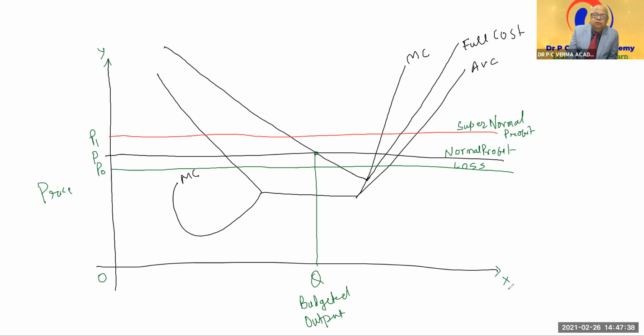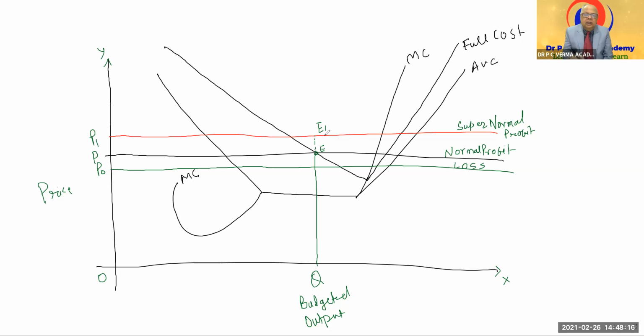This is budgeted output, point E. Even if suddenly price rises to more than full cost, there will be supernormal profit. But that will not stand because of entry of new firms.